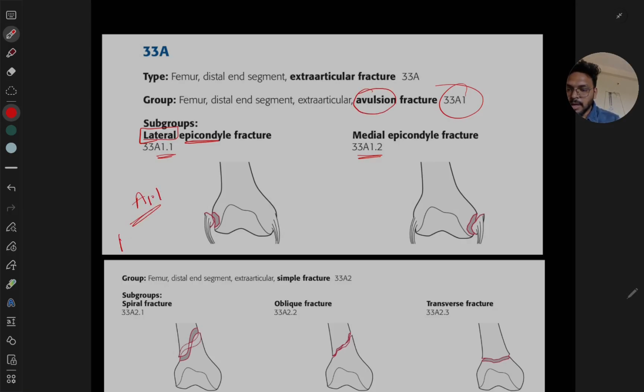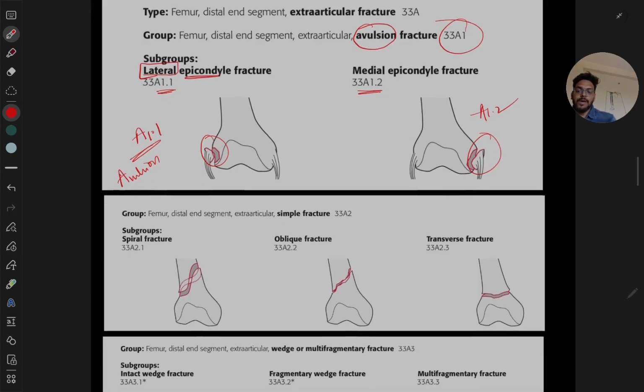A1 are the avulsion fractures. If it is the lateral condyle, it is A1.1. If it is the medial condyle, it is A1.2.